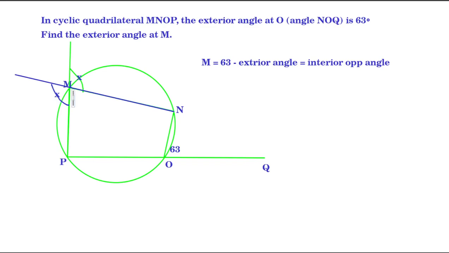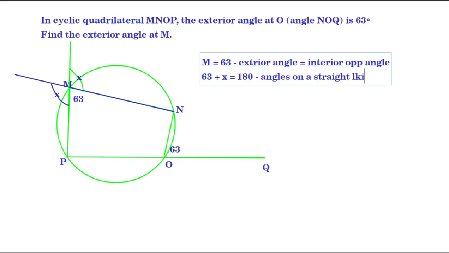So now you have your 63 here. To find X, 63 plus X should give you 180. Those are angles on a straight line. Then X is equal to 180 minus 63, which tells you that X is equal to 117 degrees.